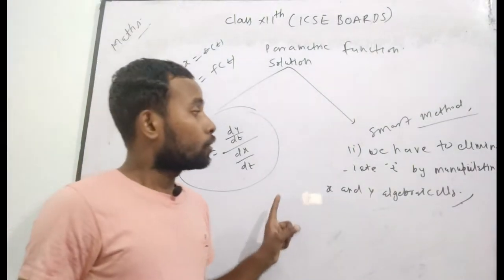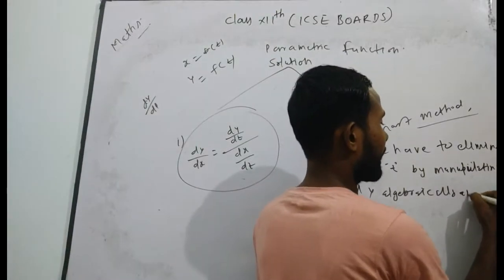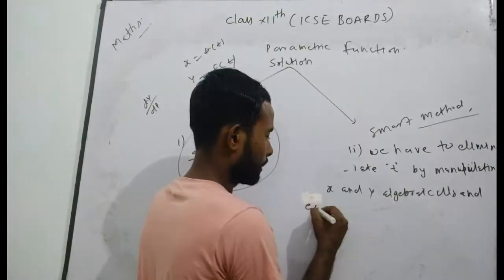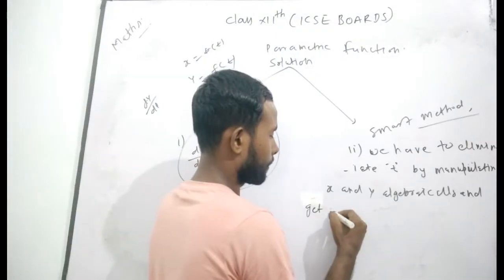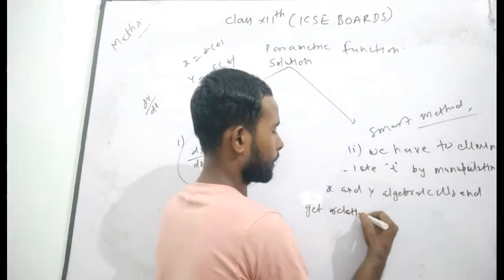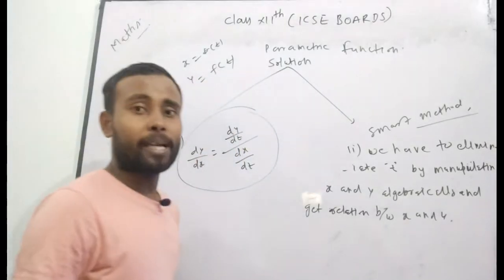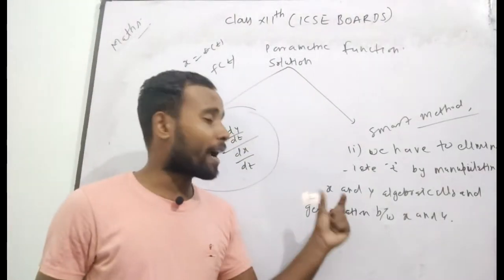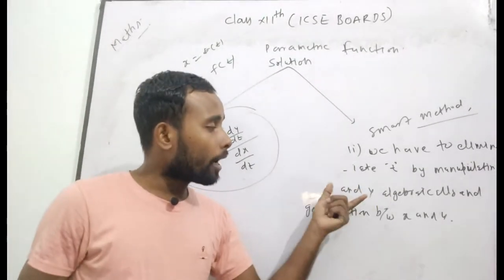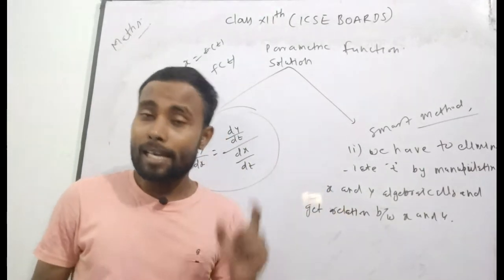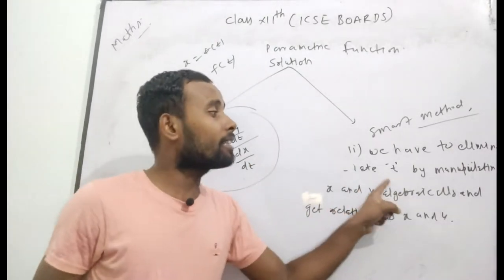That means you have to remove t, eliminate t algebraically, and get a relation between x and y. In the smart method, there is a single aim: you have to find a relation between x and y algebraically such that t is eliminated.